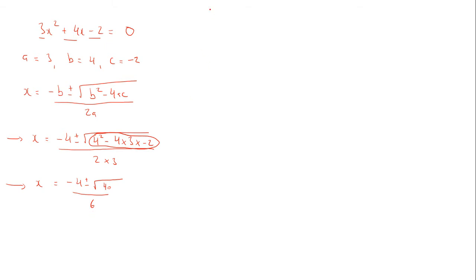Now what happens is that we split. See this plus or minus? You do 2 options. You do minus 4 plus root 40 over 6, and then you also do minus 4 minus root 40 over 6.